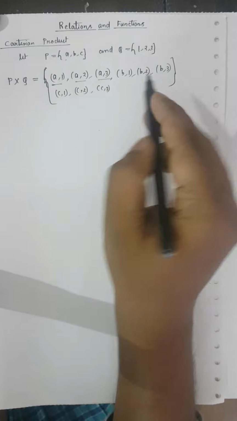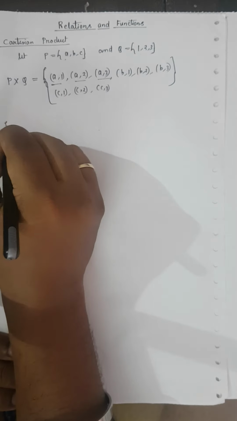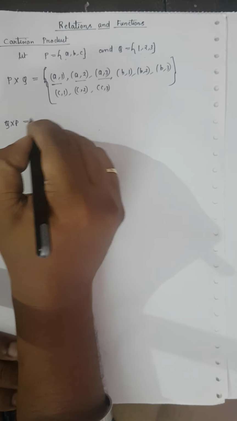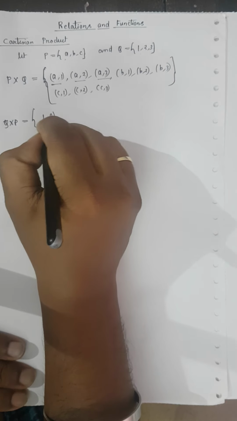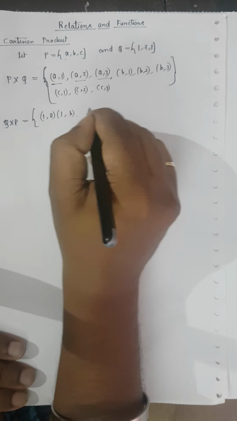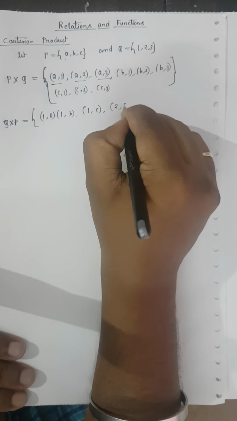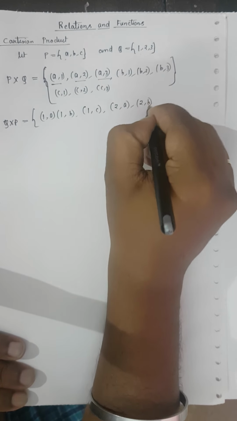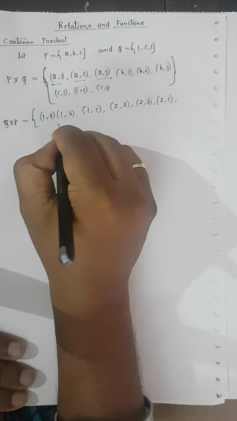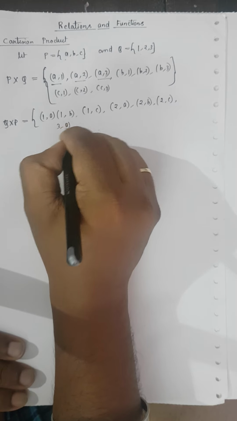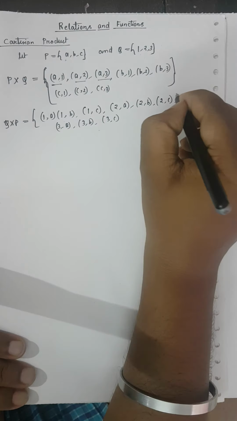This is called the Cartesian product of P and Q. Similarly, if I find Q cross P, then I'll get (1, A), (1, B), (1, C), (2, A), (2, B), (2, C), (3, A), (3, B) and (3, C).